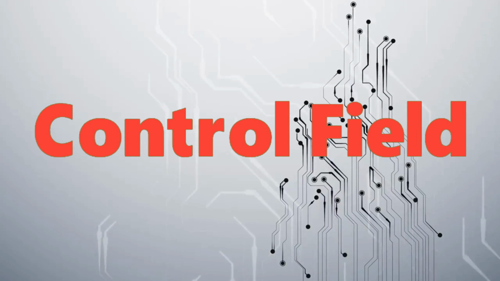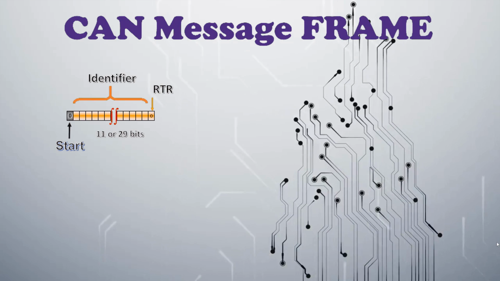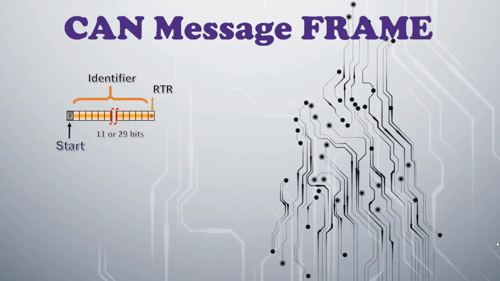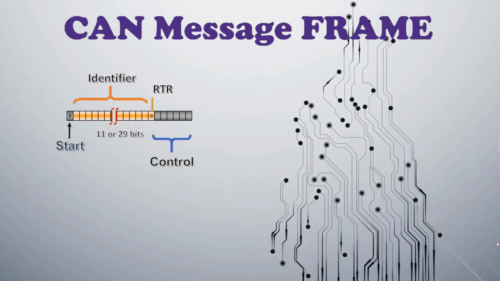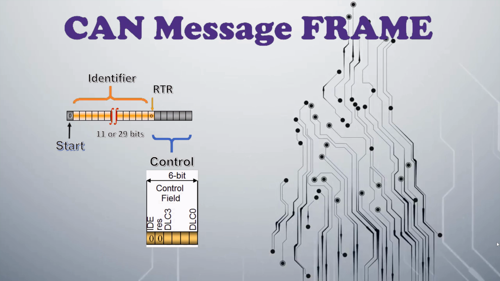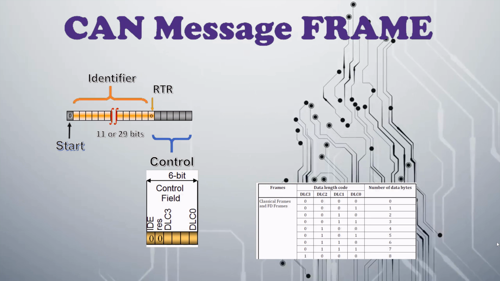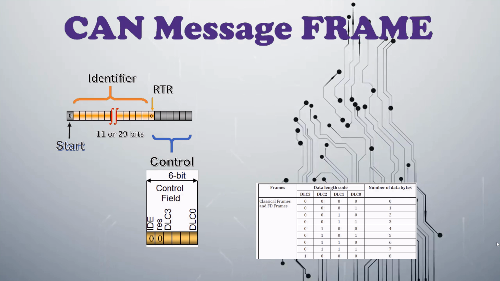Next, control field. The control field is 6 bits wide, which has IDE, R0, and DLC3 to DLC0.